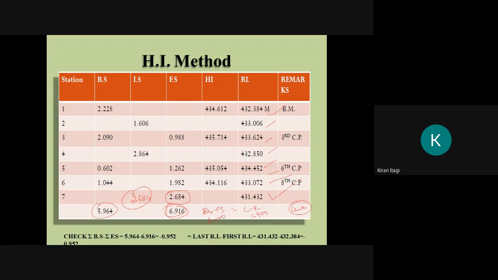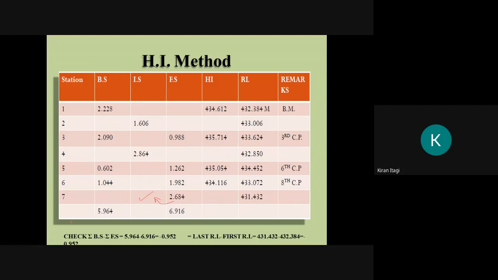The reason is placing the last reading in the intermediate sight column. I have checked a maximum of papers now, and most students make this mistake of writing the last reading here.